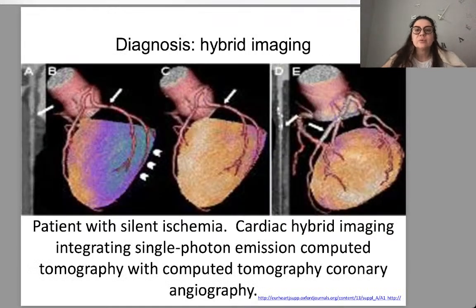And it can be hybrid imaging. It is cardiac hybrid imaging, integrating single photon emission computed tomography with CT coronary angiography, or PET CT with CT angiography combined. Digitalized 3D models can be built.